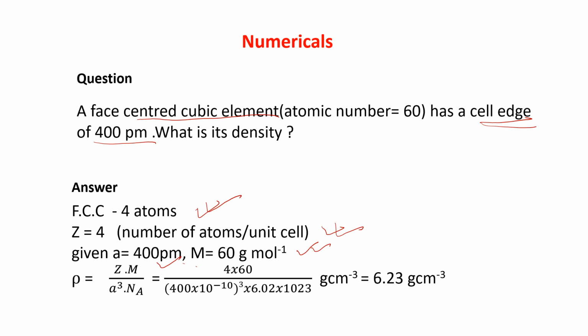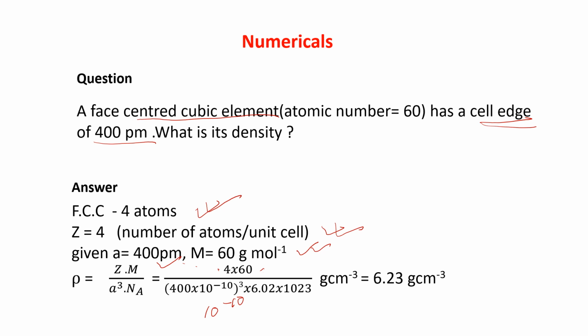Now 4 in place of Z, M is equal to 60, A cube is equal to (400 into 10 to the power minus 10) whole cube, because I am changing picometer to centimeter.